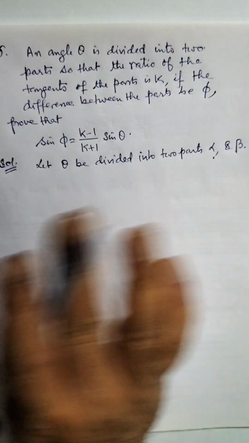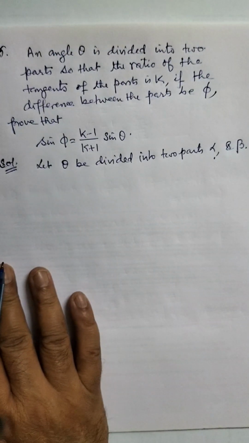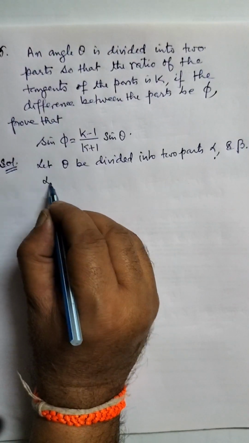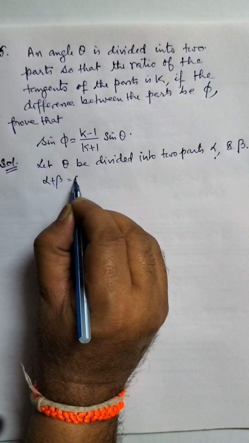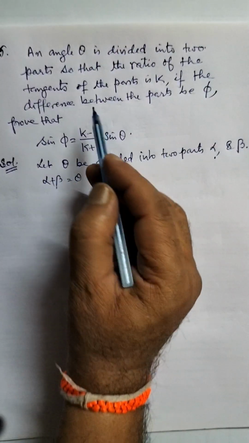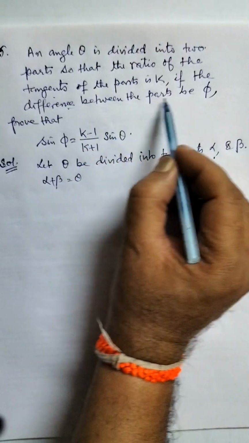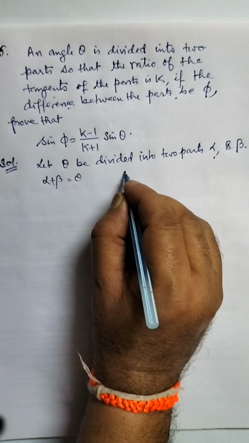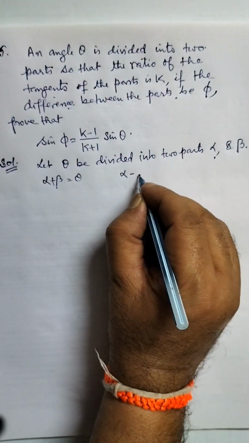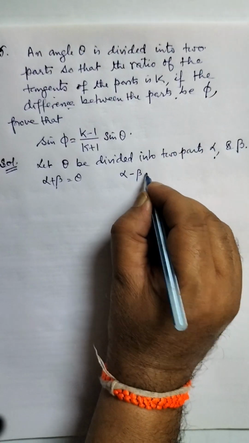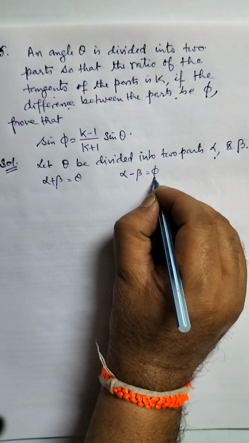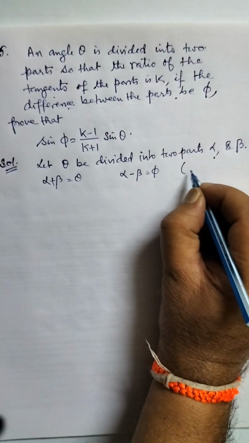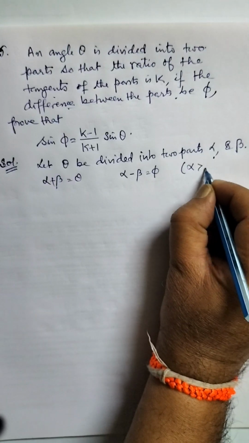So according to question, alpha plus beta is theta and the difference of the two parts is phi. So alpha minus beta is phi, right? Taking alpha greater than beta.